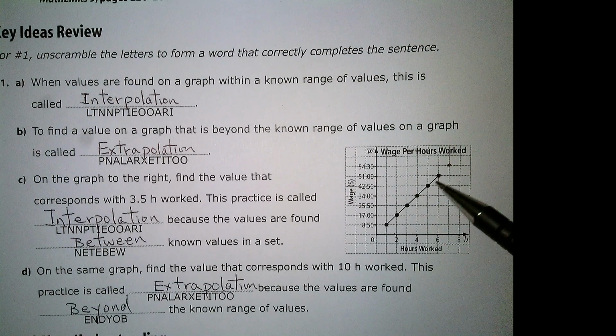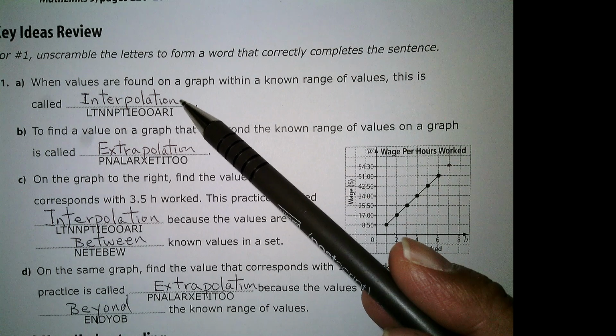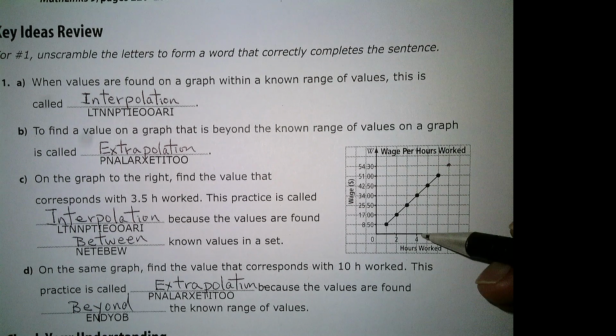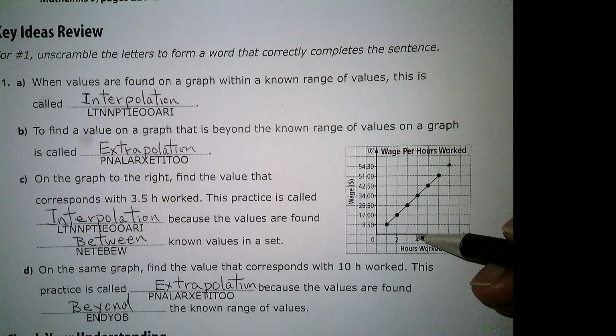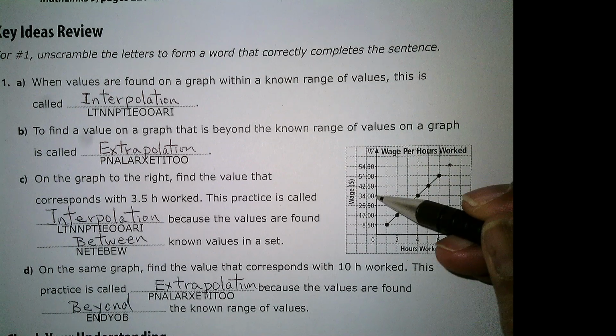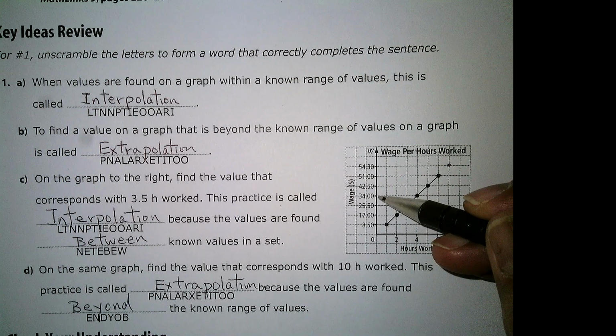Whenever we're trying to get information within the graph, the process is called interpolation. For example, I can tell from the graph that for 4 hours the person makes $34. See, 4 go up to 34.